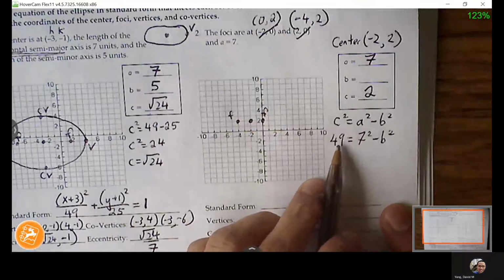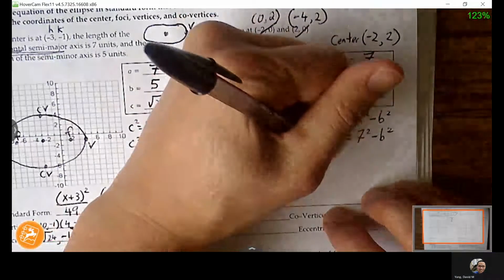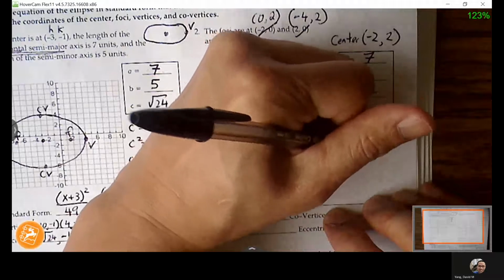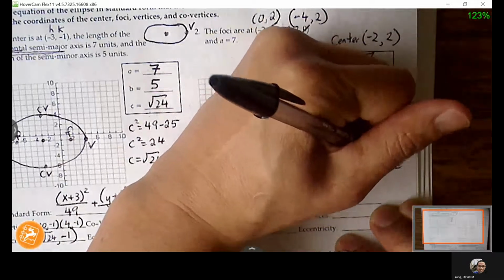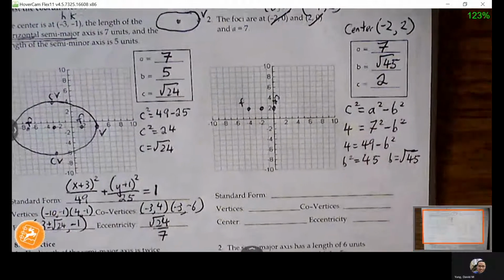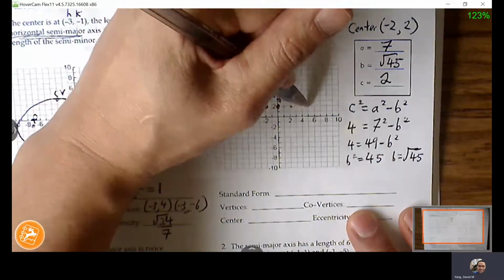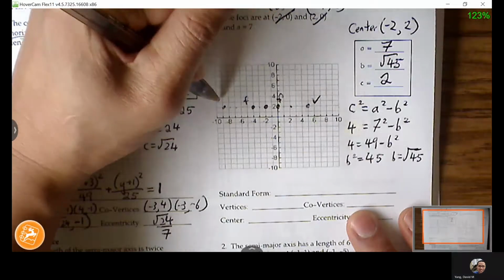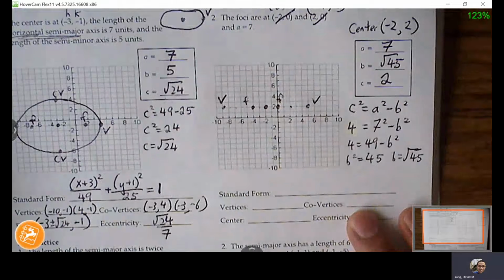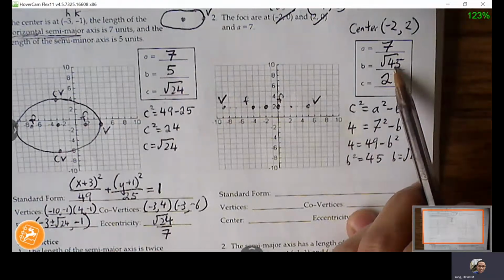Oops, sorry. 4, not 49. Okay, root 45 is close to root 49. Root 49 is 7, so it's a little bit less than 7.